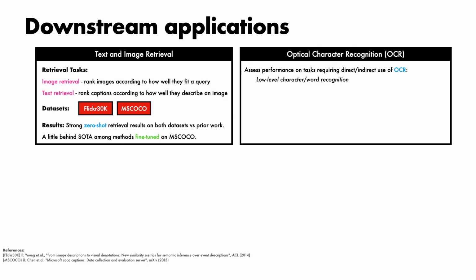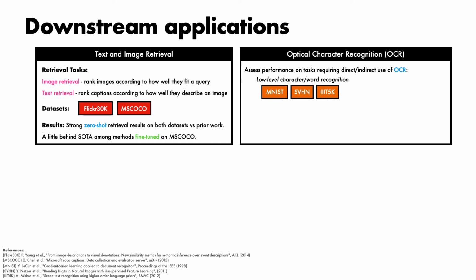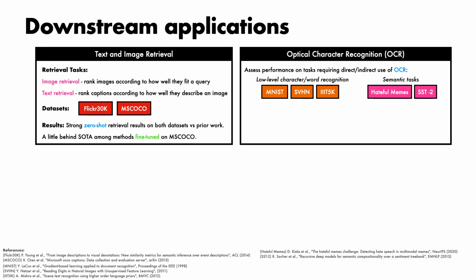To assess low-level character and word recognition, they evaluated on MNIST, SVHN, and IIIT5K, while for semantic tasks that require some use of OCR, they evaluated on hateful memes and SST2. They found that results were strongly dependent on the domain of the images. CLIP works better on rendered text than naturally occurring text, and also on the type of the text. CLIP appears better suited to words than numbers.